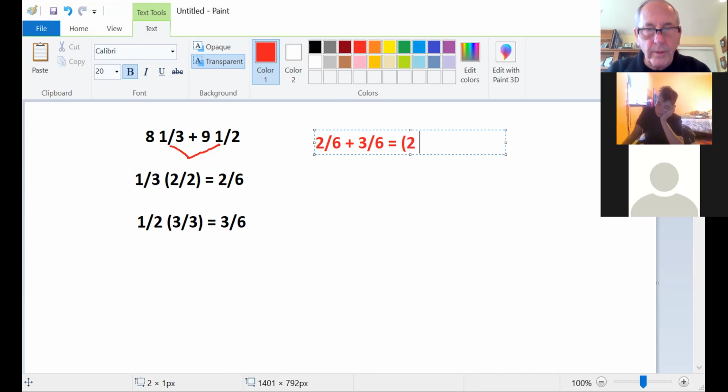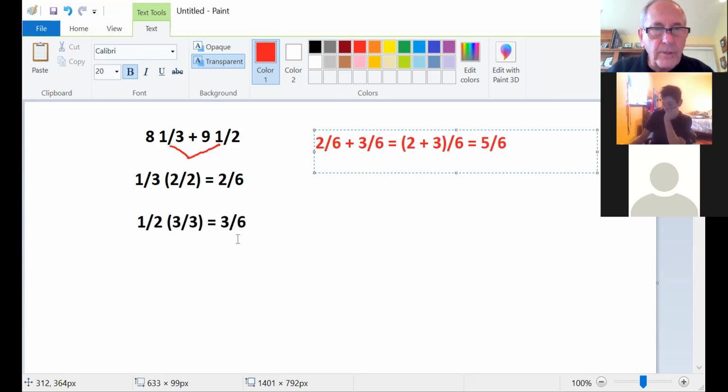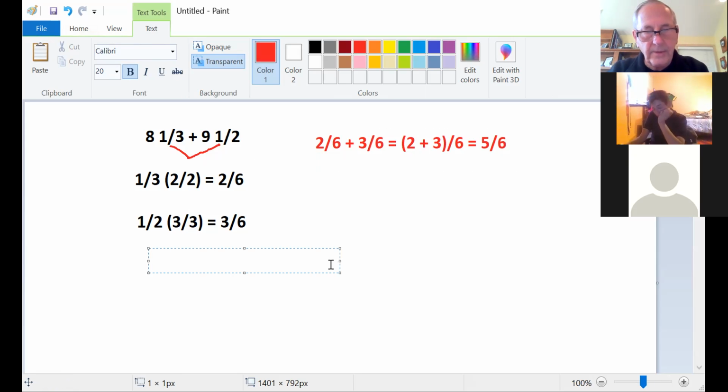I'll just show the work: 2 plus 3 all divided by 6, which is equal to 5/6. So now I've added up those. Now I can add the whole numbers and then add them to this fraction. So when the dust settles, I've got 8 plus 9 plus 5/6, and that's going to be equal to 17 and 5/6. Okay, that would be your answer.